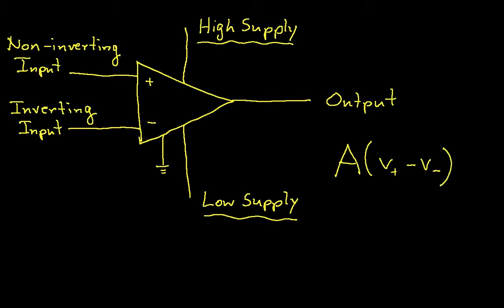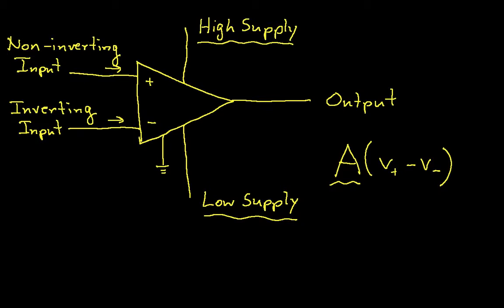Now, op-amps typically have what we call very high input impedance, so the current going into or out of each of these nodes is very low. The gains are usually pretty big, typically somewhere between about 1,000 and 100,000. At the output, there is an internal resistance which is typically very low.